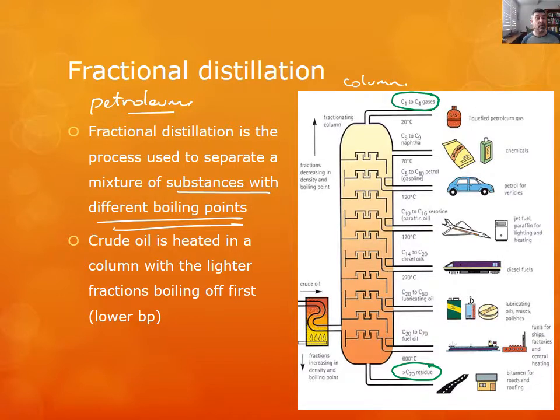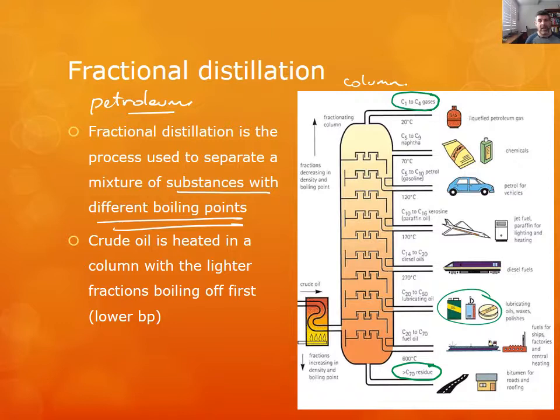These can be very long chain compounds, very important in aviation, of course. Octane, an 8 carbon compound, is the petrol that we put into our cars, as well as diesel oils, lubricants, such as these different types of oils, waxes and polishes, fuel oils for shipping, and so on.